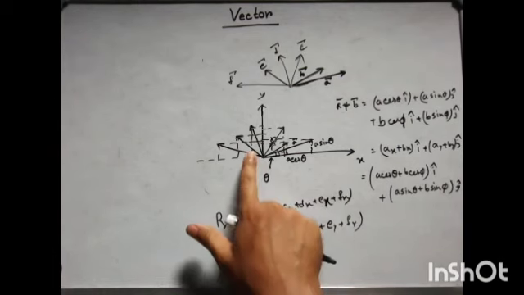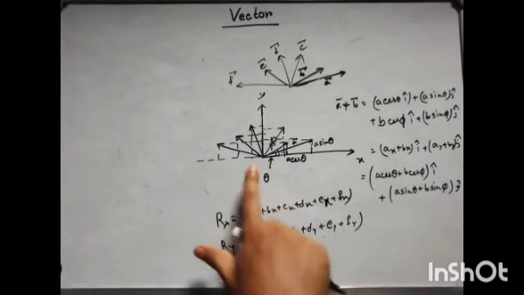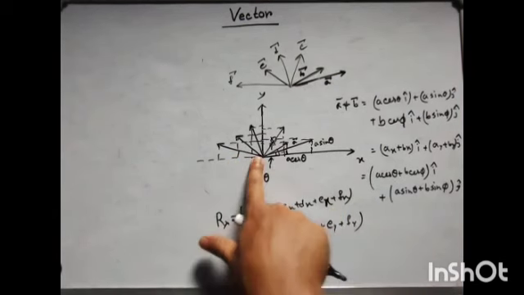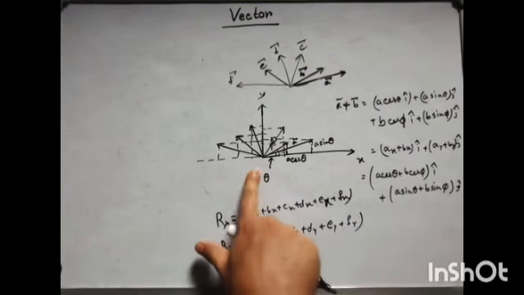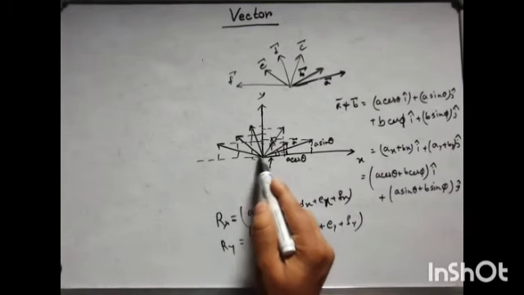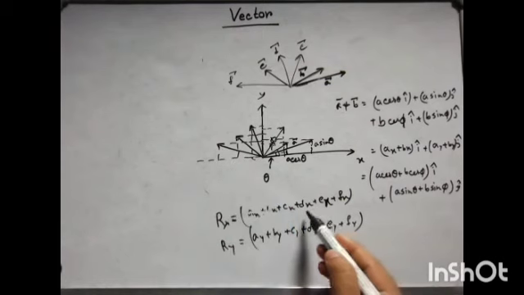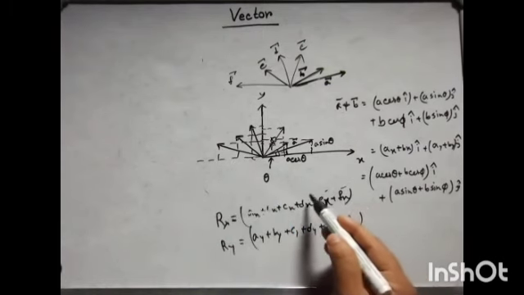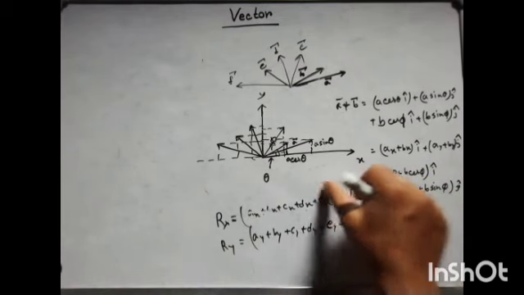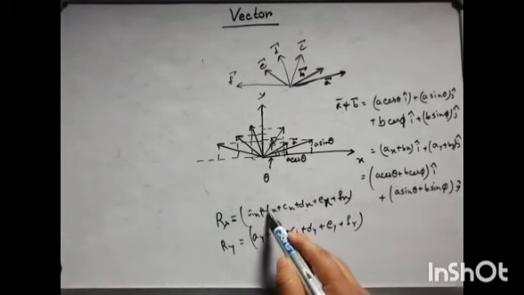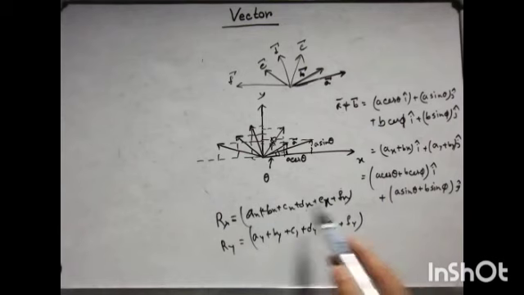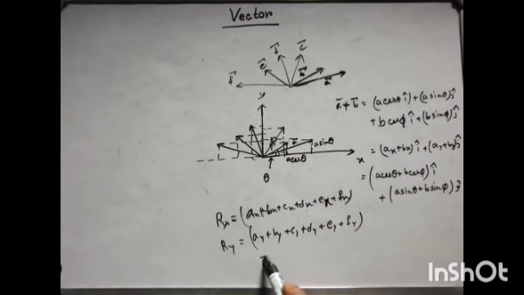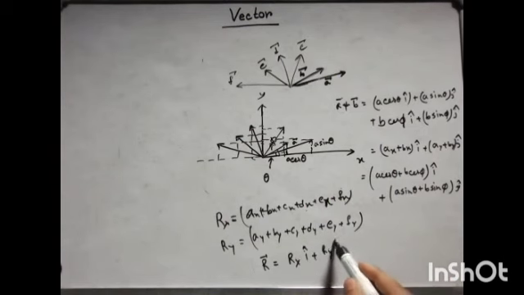Okay, these values dx, ex and fx will become negative as these are along negative x-axis, so these values will be negative. Okay, then you add them and the final r vector, the resultant vector will be rx I cap plus ry j cap.